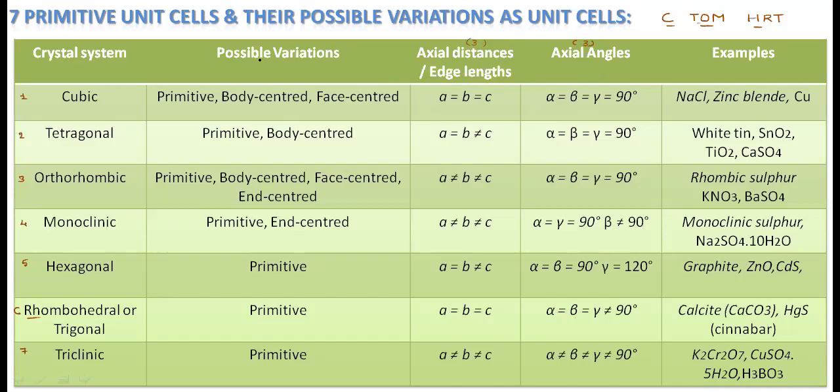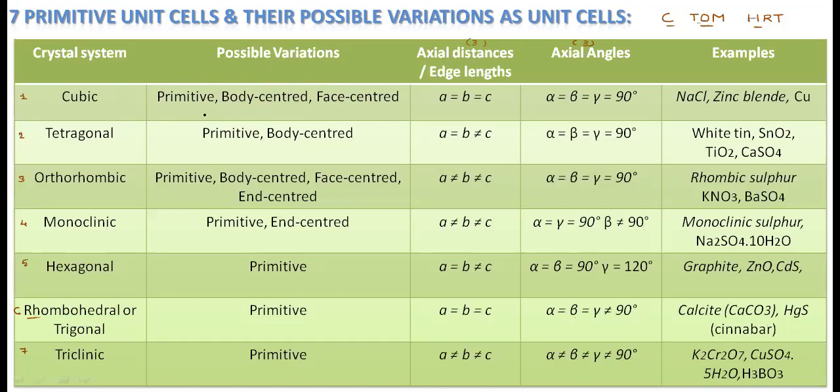Then what are the possible variants shown by the crystal system? That is, we have unit cells as primitive type, having corner particles only in the unit cell, whereas the centered unit cells, along with the corners, will have additional particles either at the body center or at each face center, or end-centered. We discussed all this information in the last class, so try to recollect it.